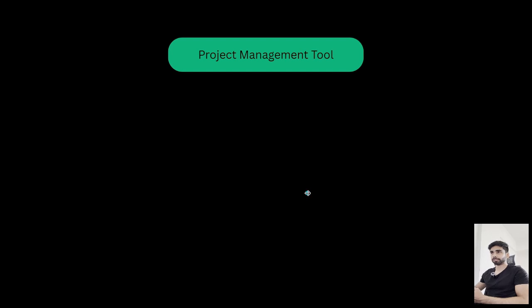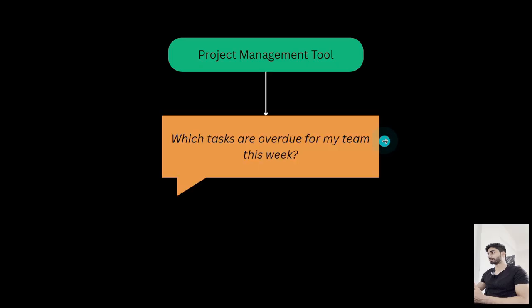Before MCP, there were a few early attempts like custom integration and RAG. Developers tried all sorts of hacks to give AI context. One common way was custom integration. For example, imagine a project management tool and a user asks the AI which tasks are overdue for my team this week.